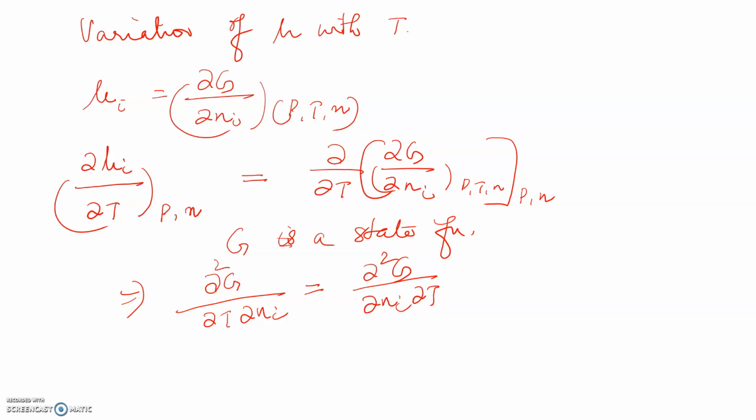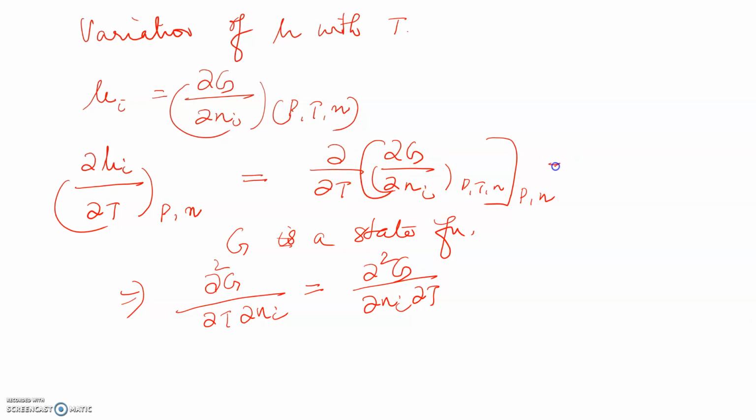The order of differentiation is immaterial. Whether we differentiate first with respect to Ni and then with respect to T, or first with respect to T and then with respect to Ni, the answer would be the same. How does Euler's reciprocity relationship help us here? Here we have dou square G by dou T dou Ni.